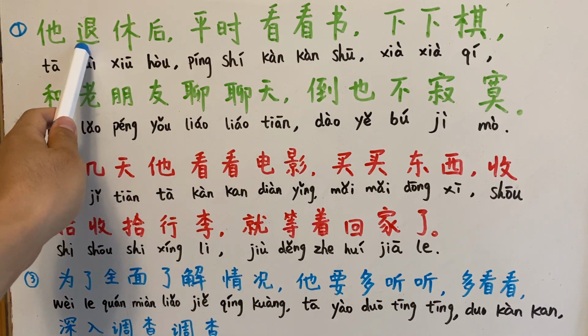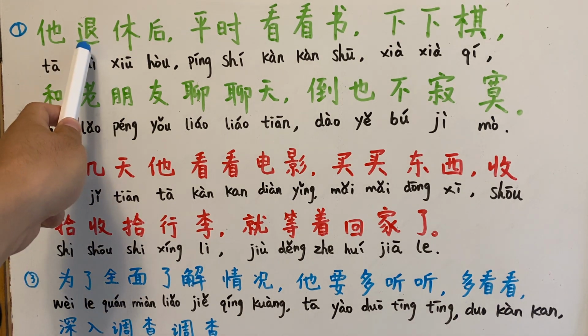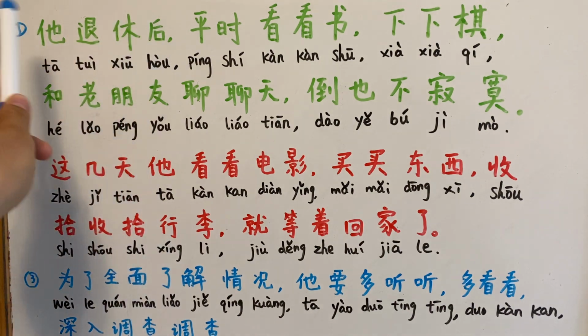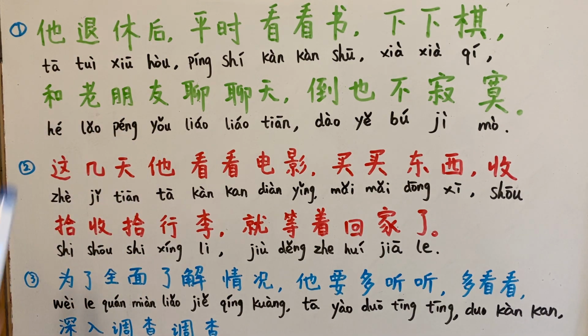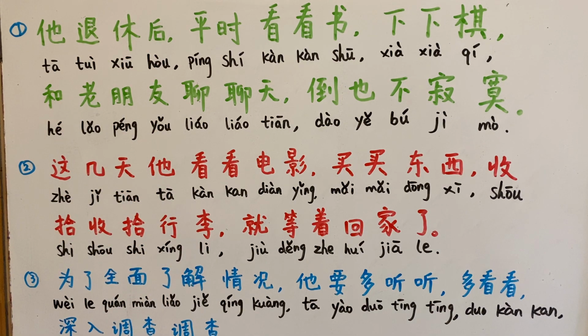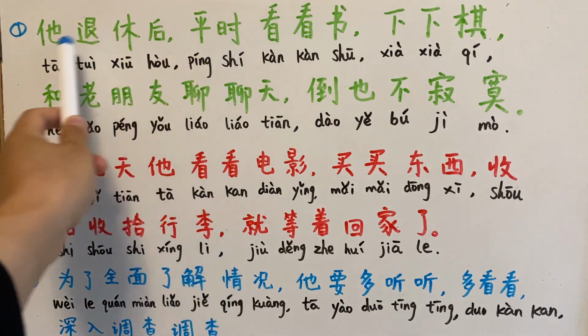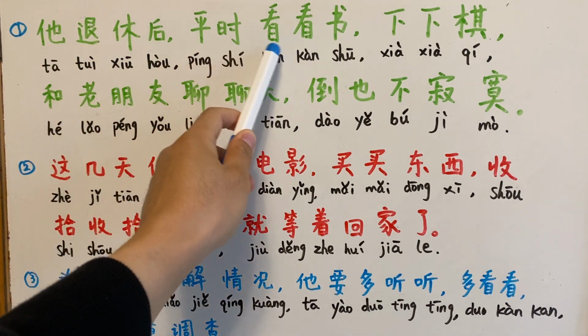There are three positions you can put an adverbial in: the front, the middle, and the end. So this is in the middle of the sentence. You can move that to the front of the sentence: 退休后, subject, 他平时看看书, that's also okay.